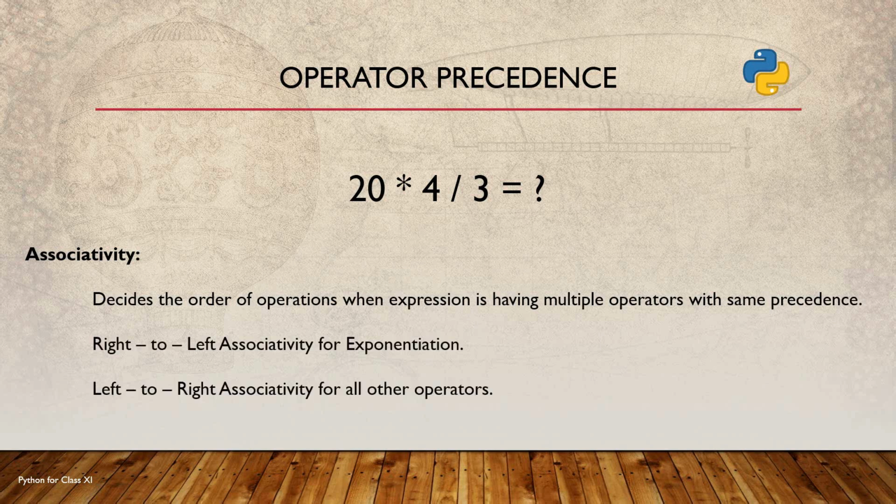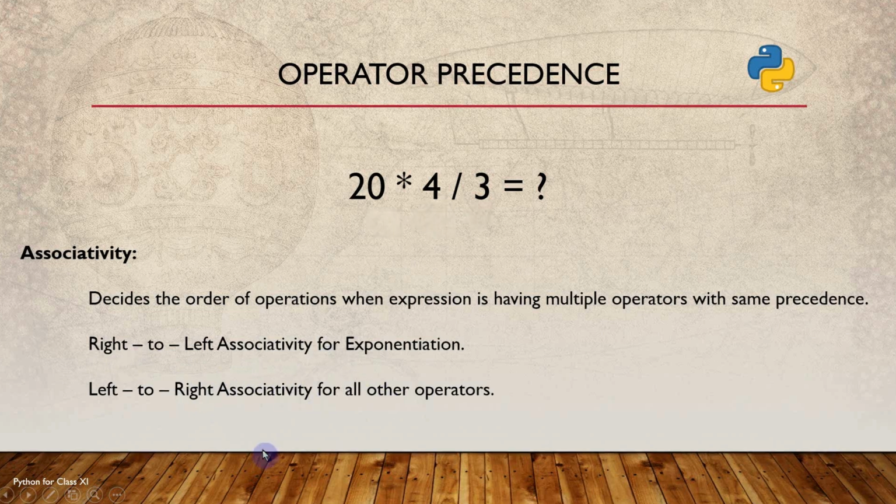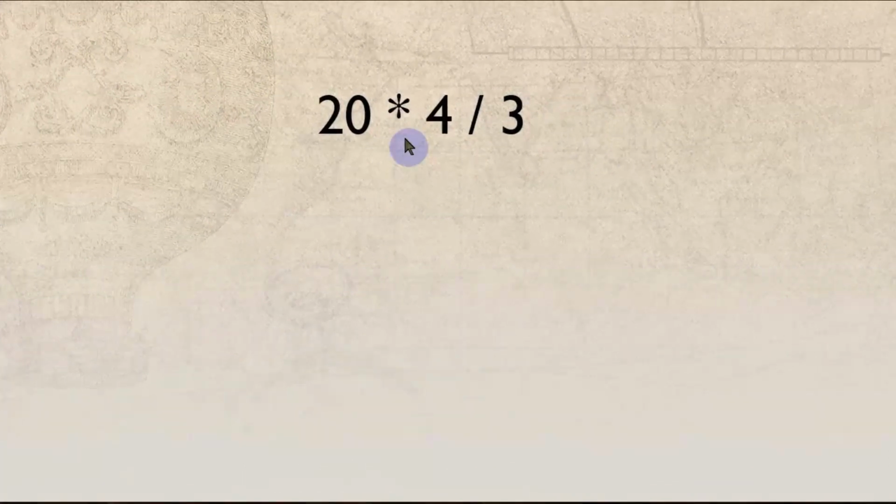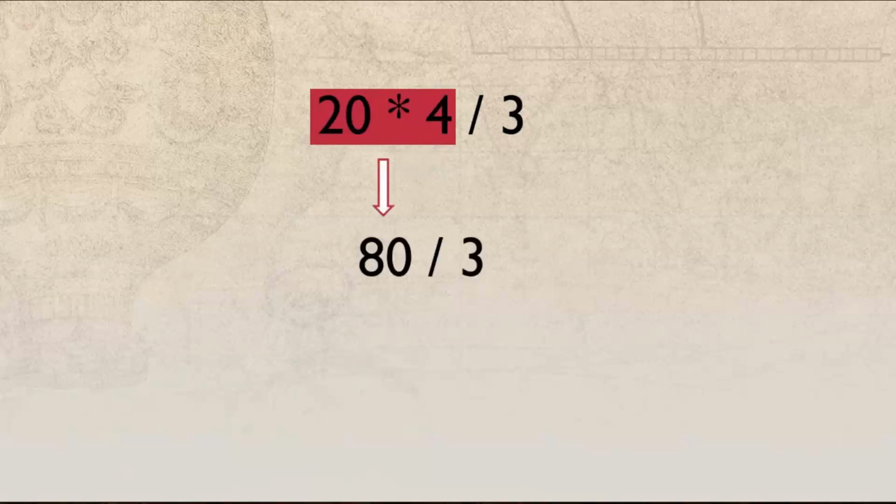Then what does it decide? All operators except exponentiation follow left to right associativity. But exponentiation follows right to left associativity. I will clear this up by considering some examples. First we will find this expression's result. On the left side we first have the multiplication, so that will be performed first. 20 multiplied by 4, we will get 80, and then the division will be evaluated.